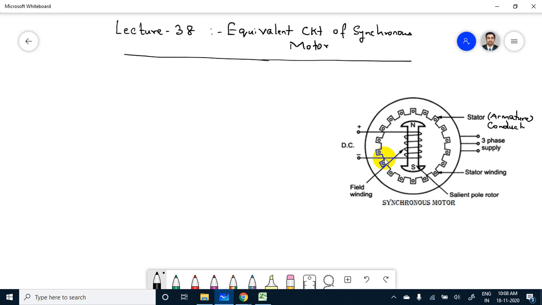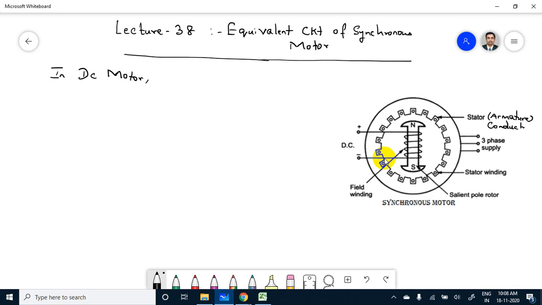Now if you take a DC motor, it is run by using the DC supply, voltage V, which we are giving to the armature conductors.